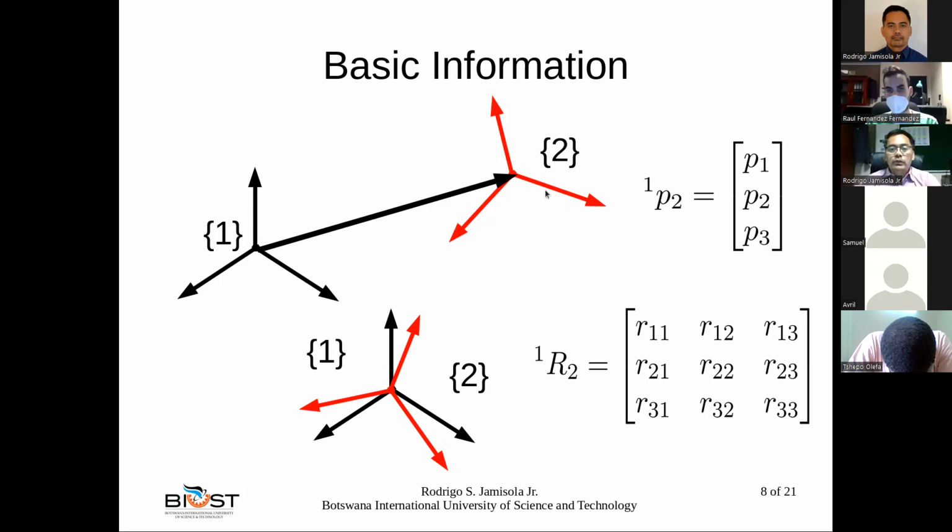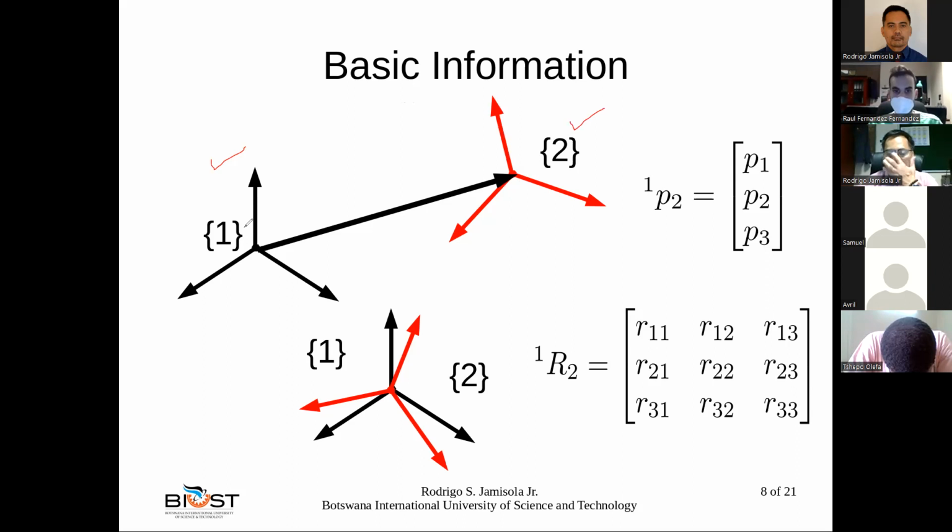Now I want you to look at this figure here. So when we say position, this is our reference frame. Frame 2 moves with respect to frame 1.